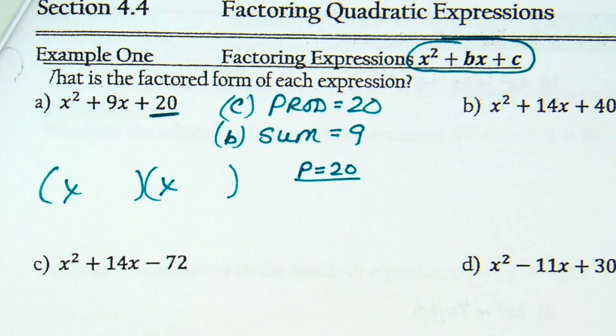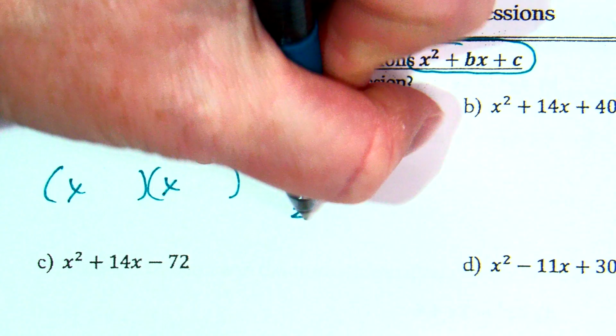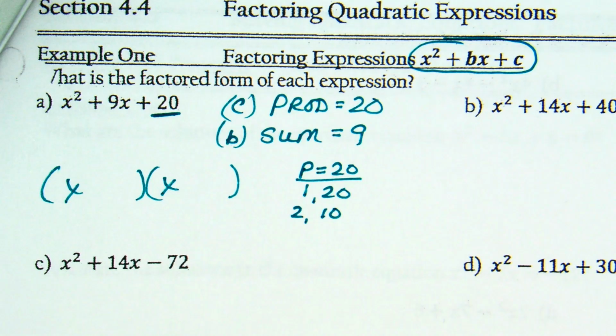So if I start at 1, 1 times what is 20? 1 times 20. 2 times what is 20? 10. 3 times what is 20? Nothing. 4 times what is 20? 5. And 5, what do you know about 5?